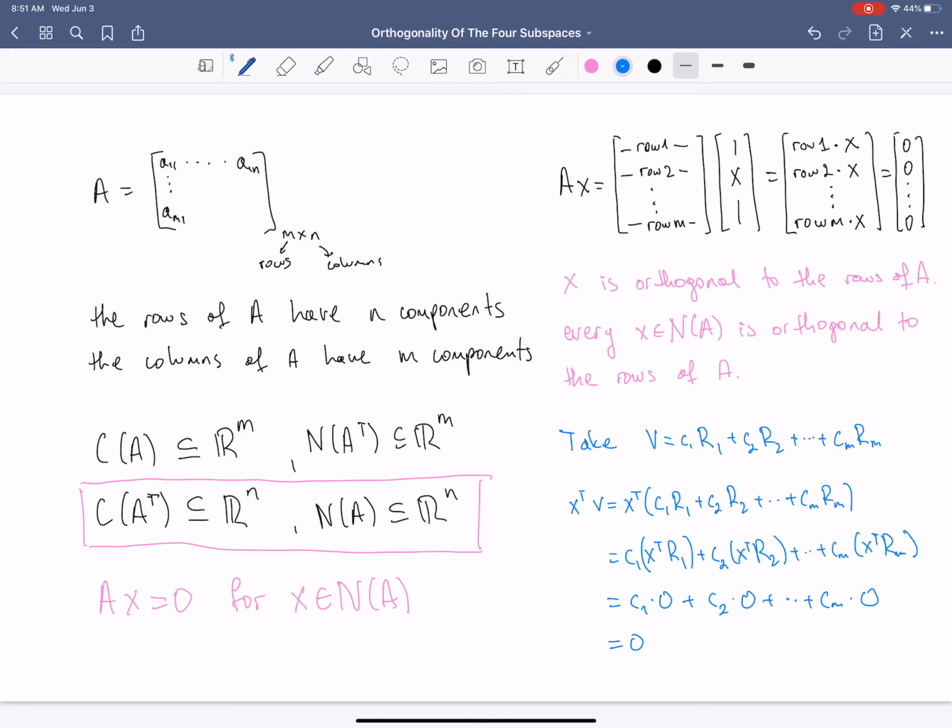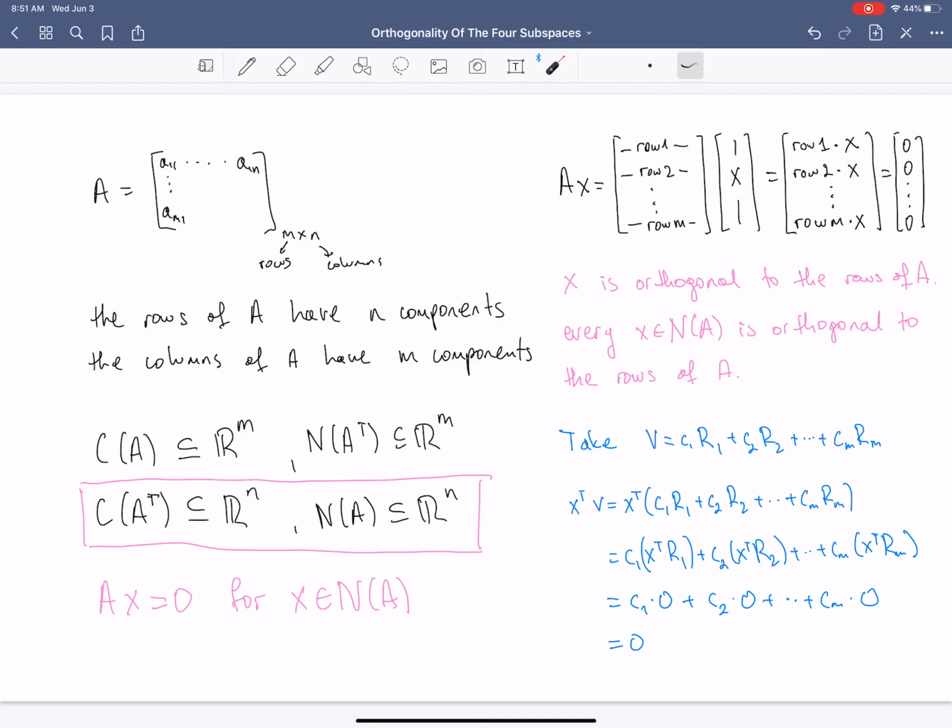So what this means is that if the vector X is orthogonal to the basis of the row space... Now, it could happen that the rows here are not linearly independent, so they may not represent a basis, but they contain a basis for the row space.